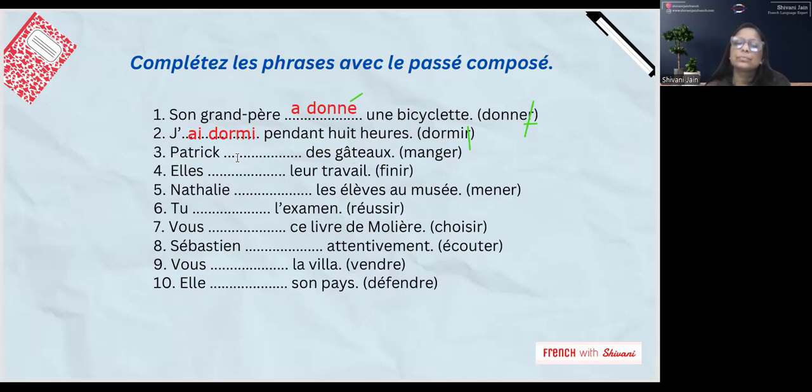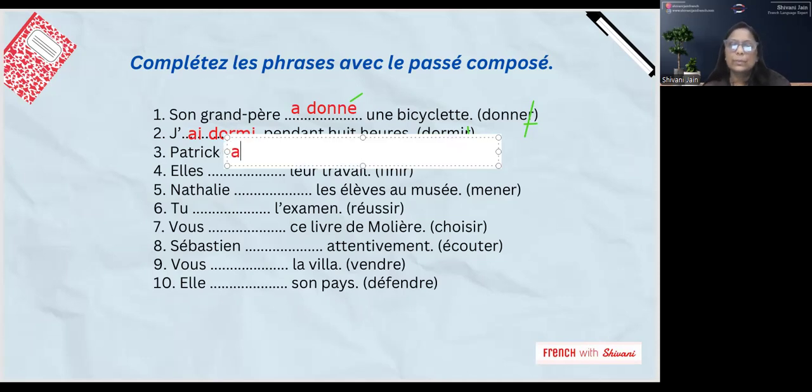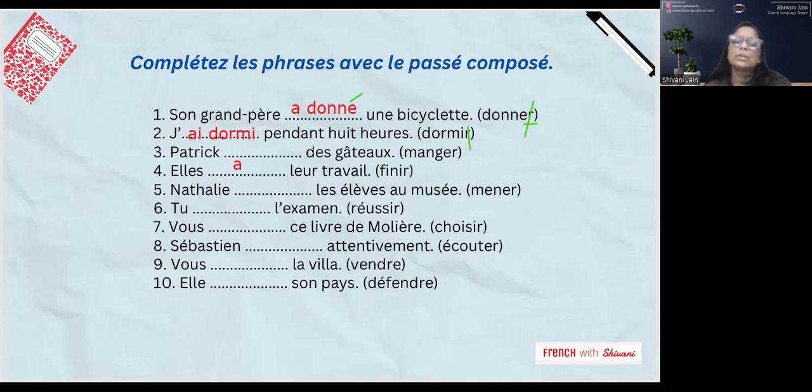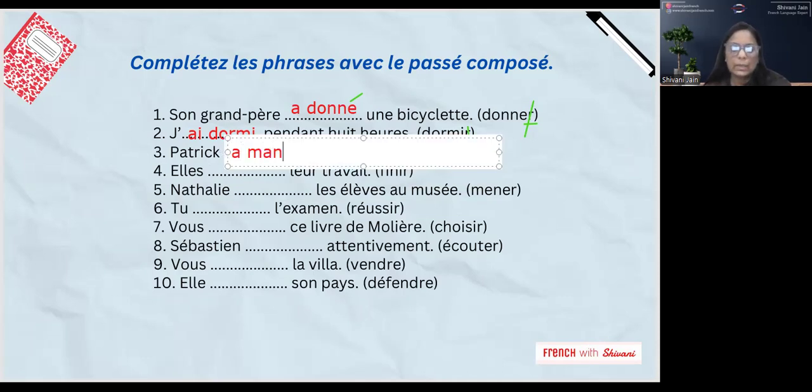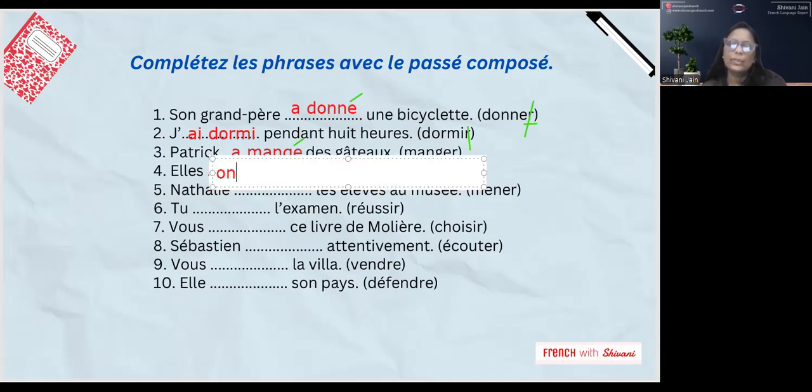Patrick. So it is third person singular. What will be? Patrick a mangé. So this is an ER ending verb. So you put accent aigu on E. Patrick a mangé des gâteaux. Elles ont fini. Okay?